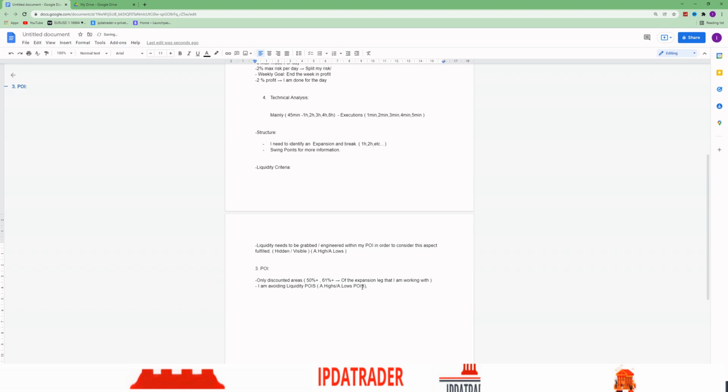Let's say POIs that are sitting at double tops, double bottoms, or trendline liquidity. Those are the POIs that I'm going to be avoiding. Even if those POIs are sitting above the 61% of the expansion leg, I'm still going to be avoiding those because those are liquidity pools and they're likely to be used to induce people, or they're likely to even get taken out at first, okay?